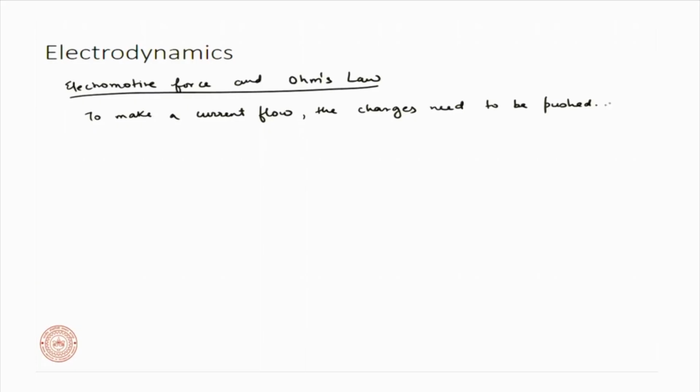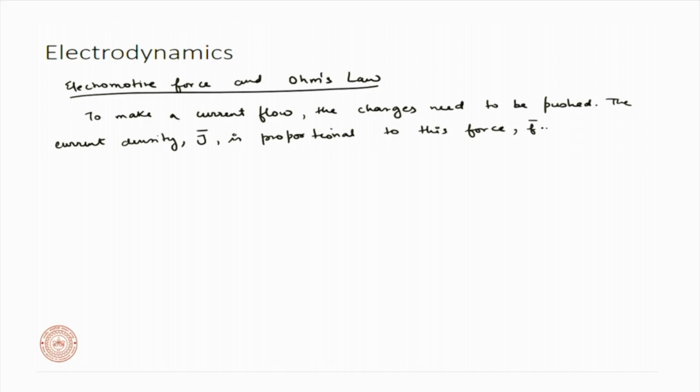Okay. The current density, the J vector, is proportional to this force which is acting on the charges. Let us say the force is an F vector.